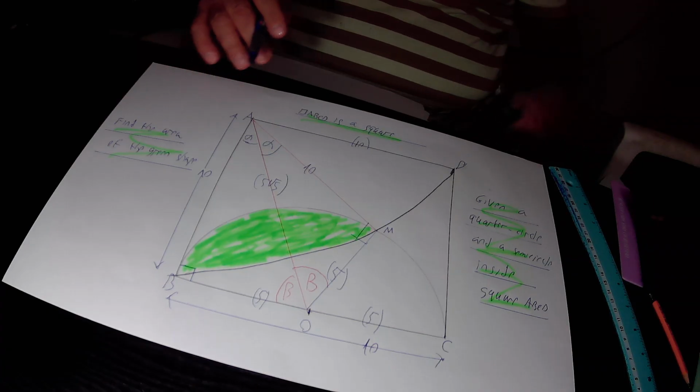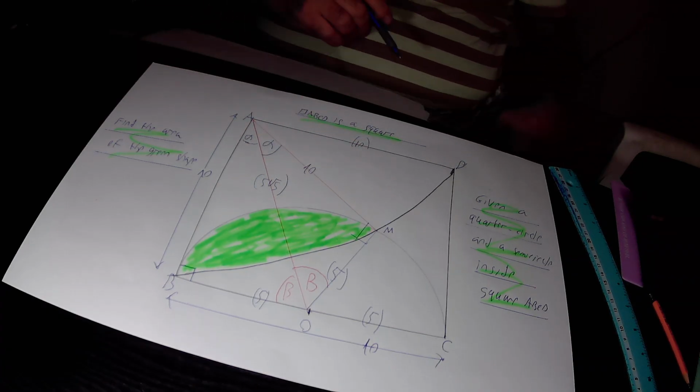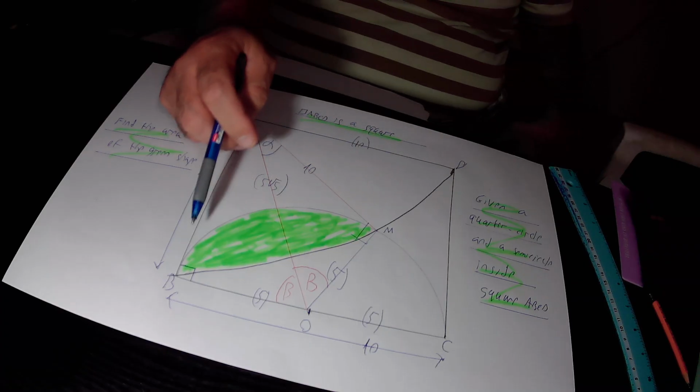So our task is to find the area of this green shape. In the next step, we join points M and B together by a straight line.